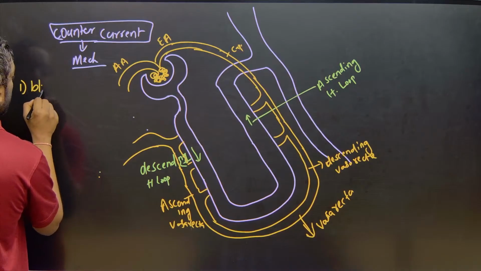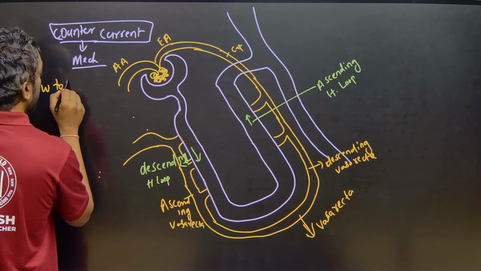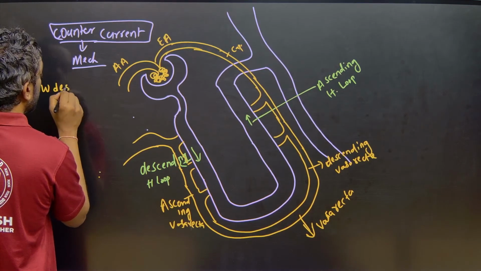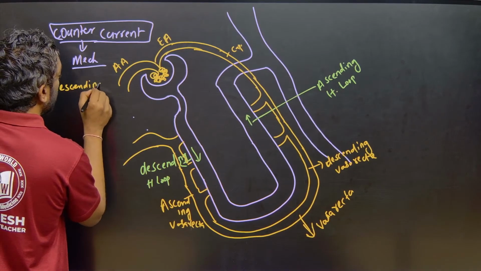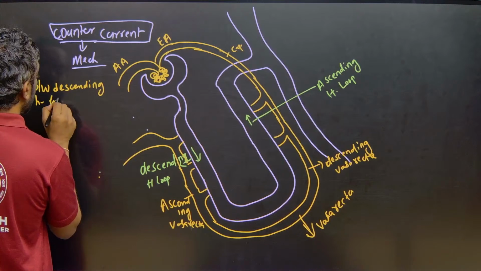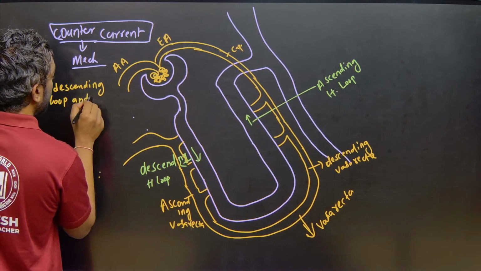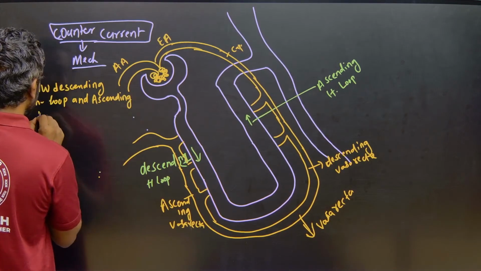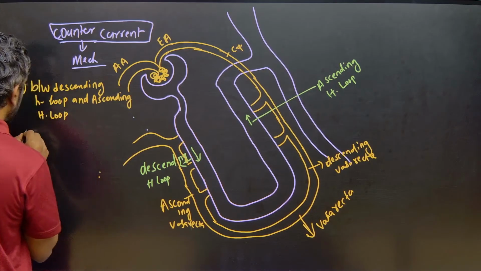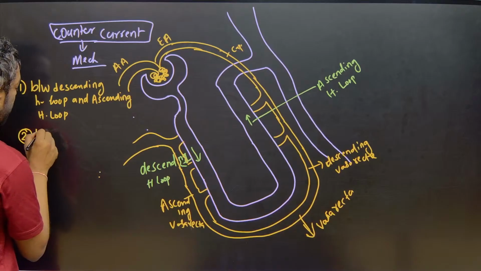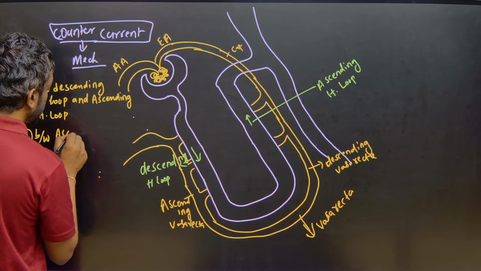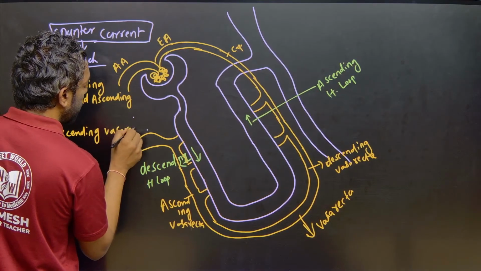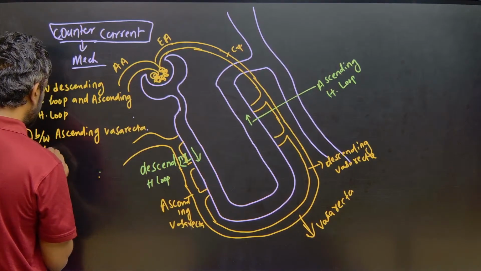Just look here, there is a counter current between the descending Henle loop and the ascending Henle loop. And there is a counter current between the ascending Vasa recta and the descending Vasa recta.